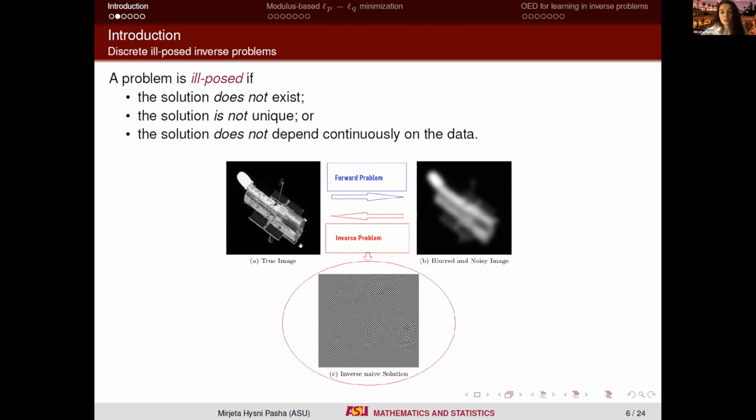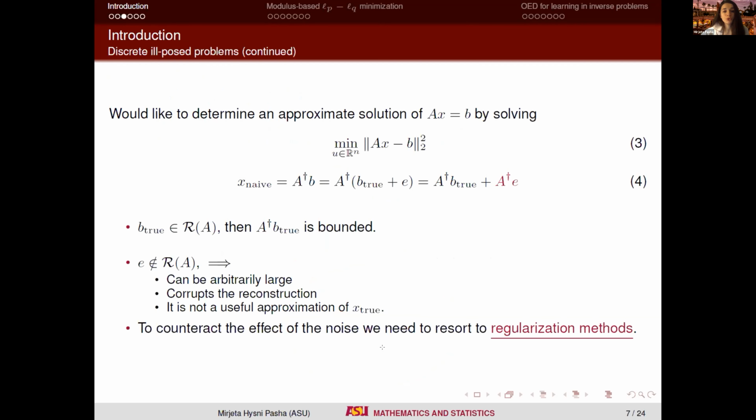And we see over here that if we consider finding the naive solution, what we get back is something that is far away from even the blurred image, not even close to the true image at all. What happens is that these problems have stability issues, meaning that small changes in our data will cause very big changes in the solution.